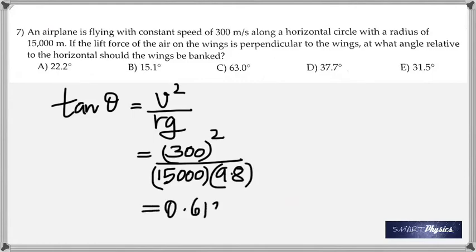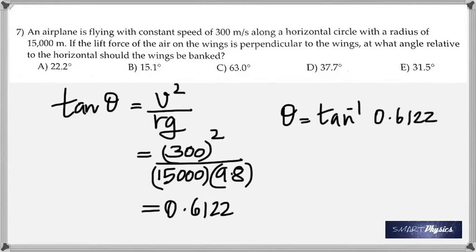Therefore, the angle of banking is, when you take the arctan of that, 0.6122, and you get 31.5 degrees. So we use the same formula for banking of an airplane as we use for finding the banking at a curve in a road.